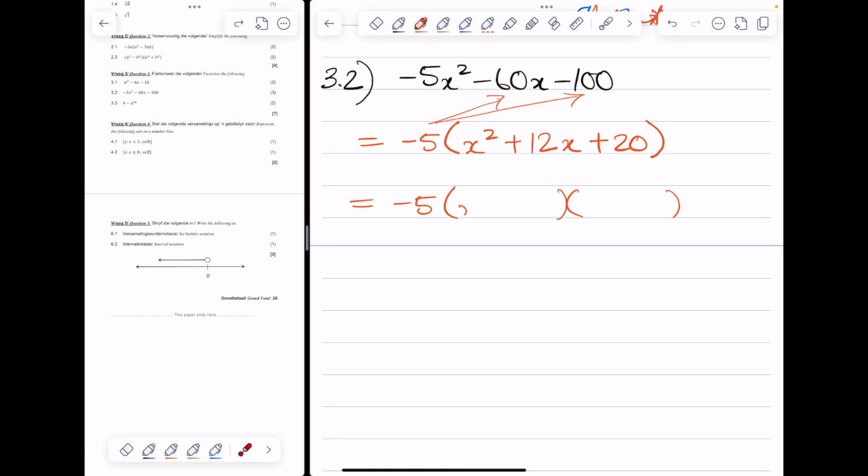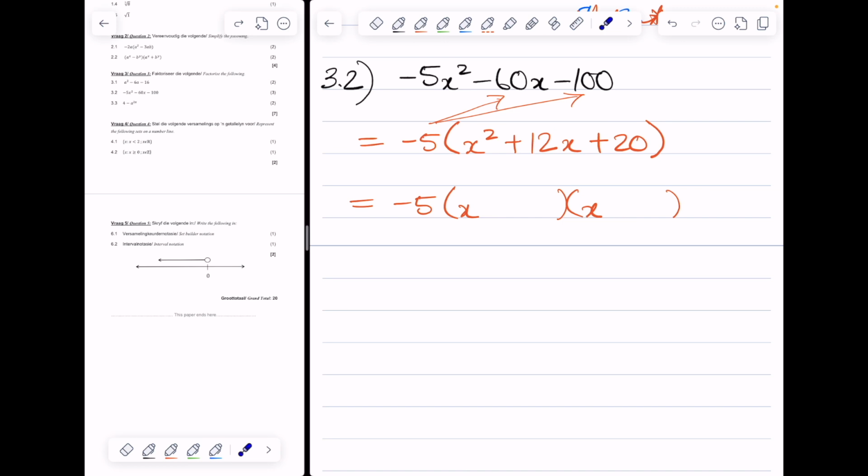I will factorize my first term, and now I see, okay, first of all, my coefficient here is 1, so this works nicely. This trick only works when the coefficient is 1, in other words, the basic trinomials. I can see now that my third term is positive, so I know that my signs in my brackets must both be the same. Not both be positive, it must both be the same.